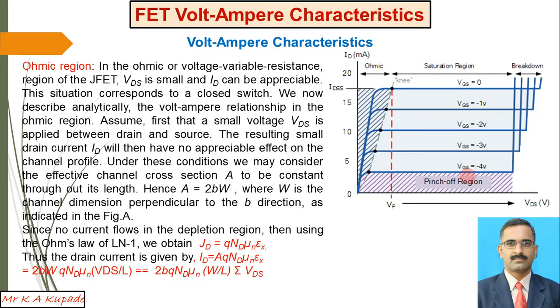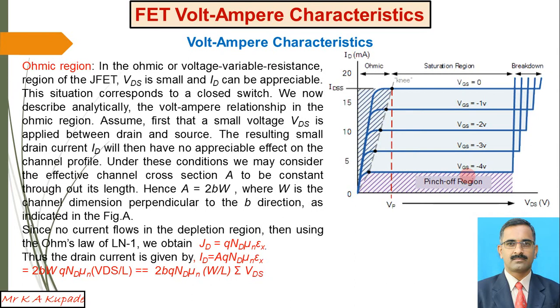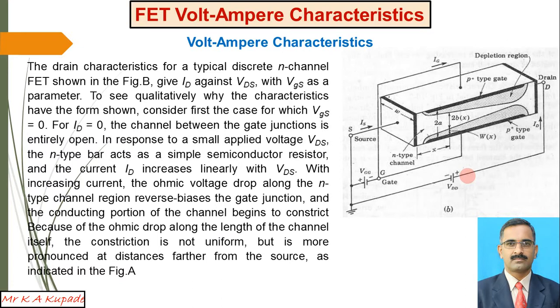Hence you can consider this the entire length. And in this particular figure, A is considered as 2b times W, where W is the channel dimension perpendicular to this b direction, as indicated in figure A.